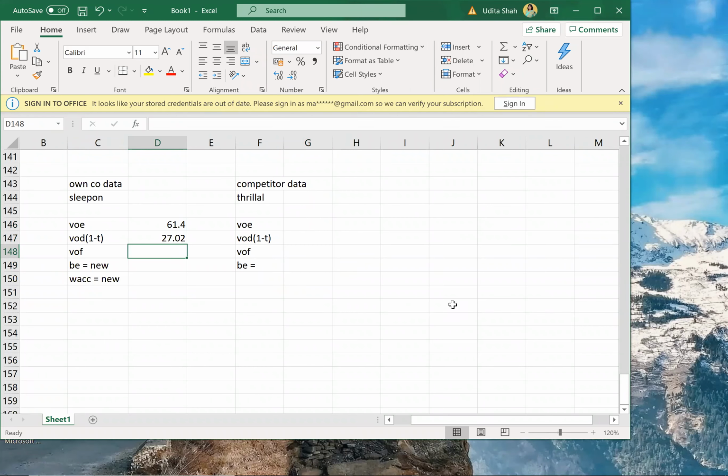So if value of equity and value of debt are not given, I can directly take the debt equity ratio as value of equity and value of debt. That is what I've done over here. So value of firm will be 61.4 plus 27.02. Value of firm will be 88.42.